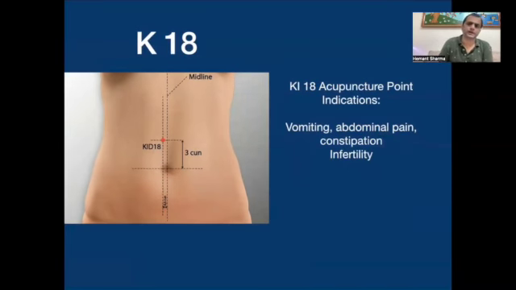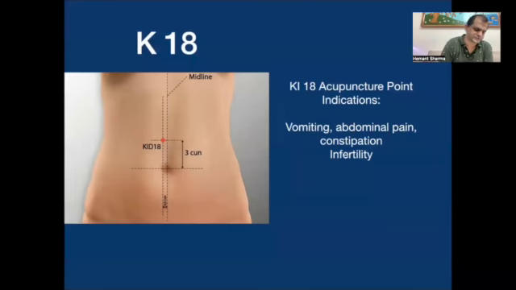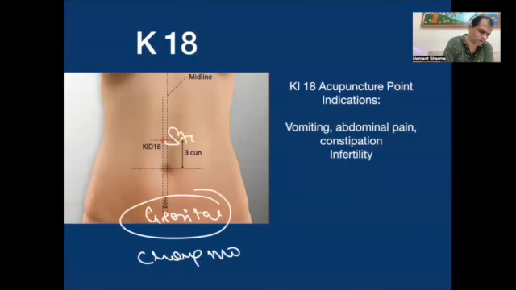तो जब भी हम किडनी 18 को ट्रीट करते हैं, whenever we are trying to treat kidney 18, we know it's near the stomach area. Stomach is here, right? And we have already discussed that the chongmo is going in the genital part, then chongmo is going in the digestive part.